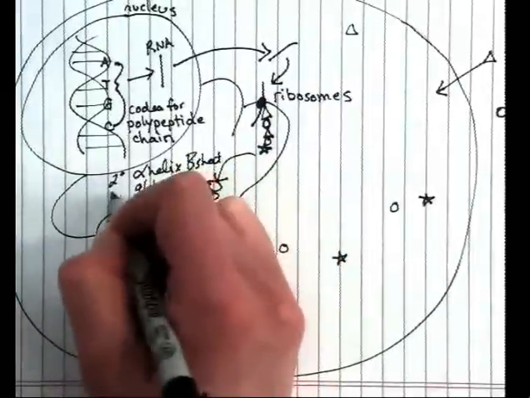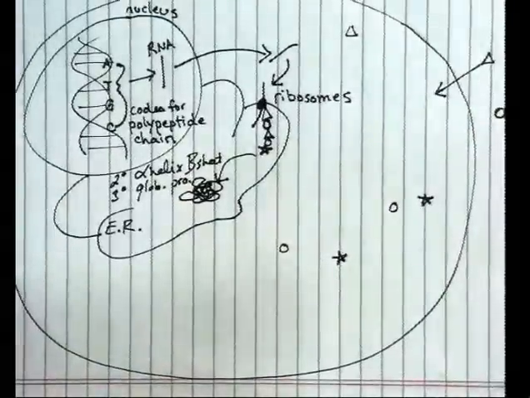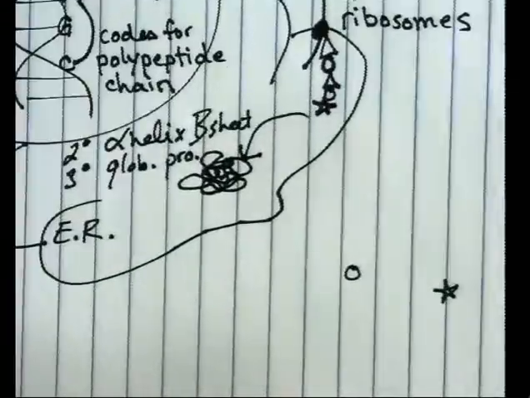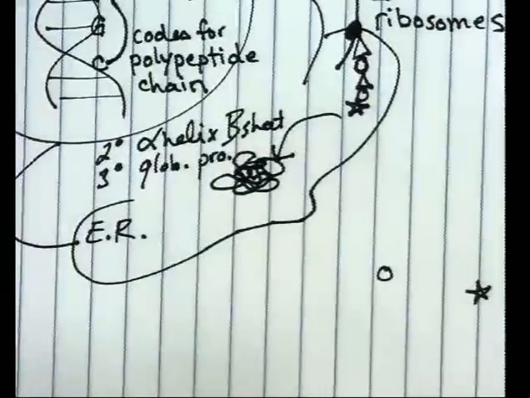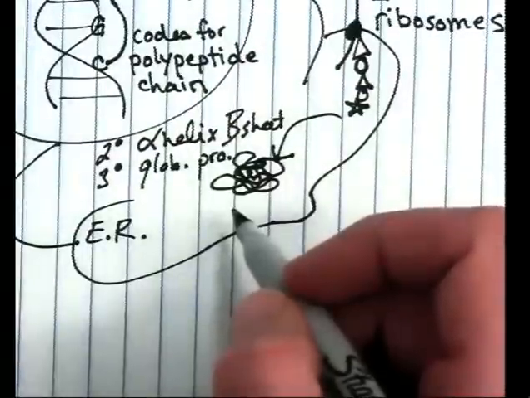So you get the secondary and the tertiary stage of a protein. So all of the folding happens in the ER. The function of the ER is to fold polypeptide chains.